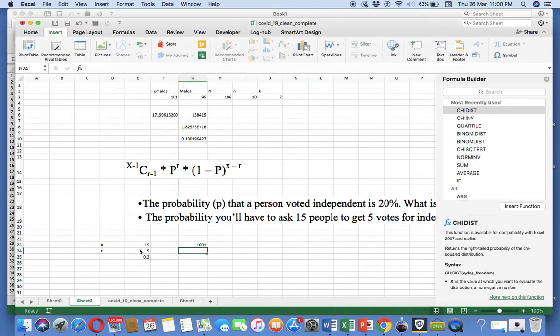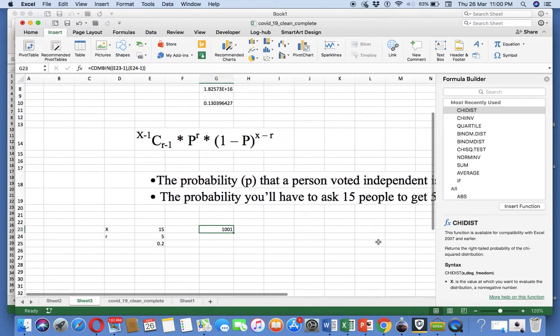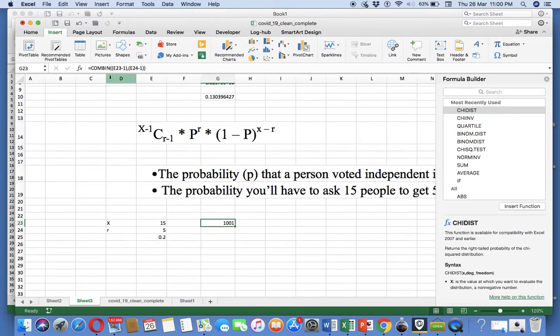So that's the first part. You can see that, no? The combination, x minus 1 and r minus 1, is the first part.